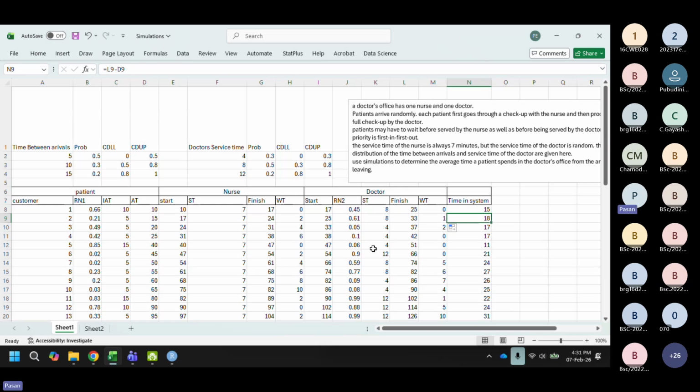So for the entire queue, what is going to be the average waiting time? Let's see that. There is this one, so you can take this average.